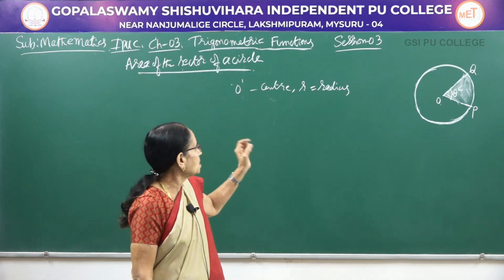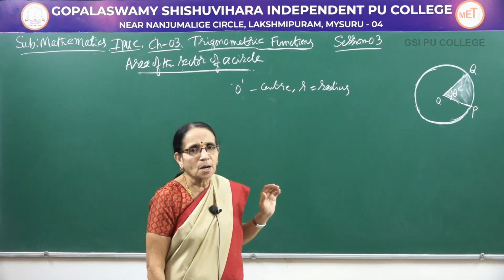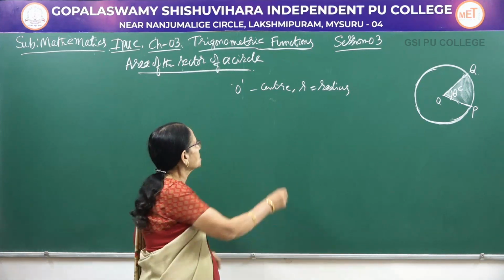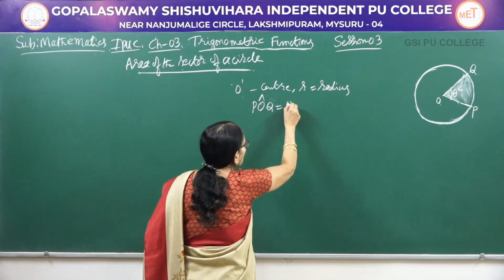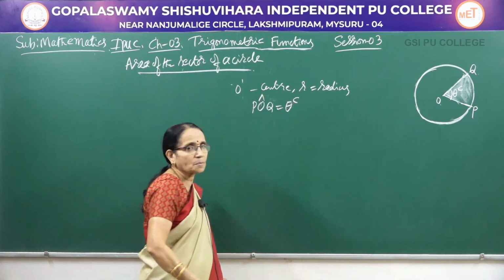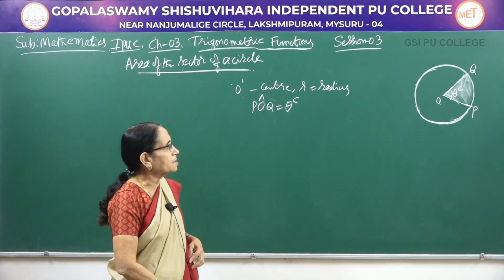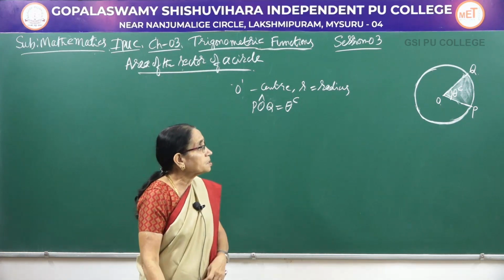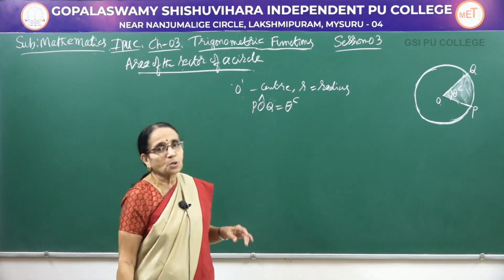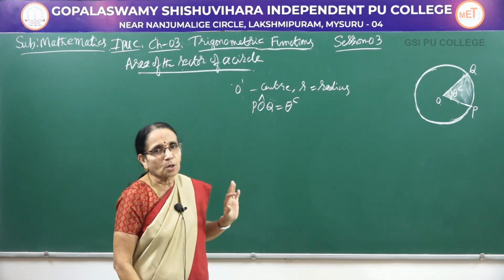So, consider a circle with O as center and R as radius. Take 2 points P and Q on the circle such that angle POQ is equal to theta radian. Now, we have to calculate the area of the sector POQ. The shaded portion is called the sector, that is sector POQ here.